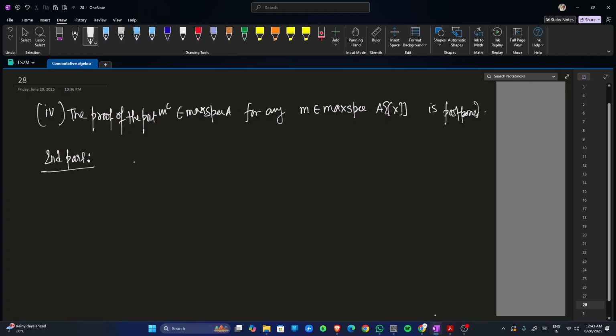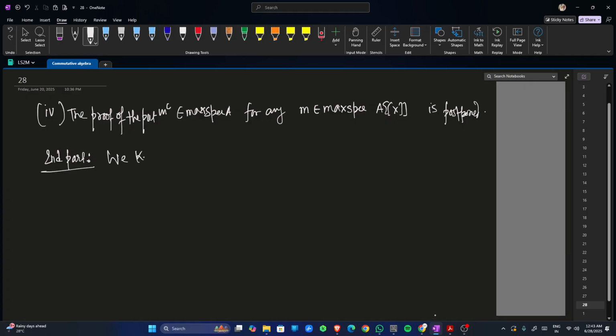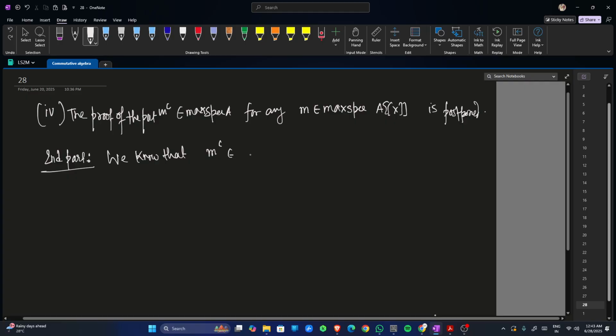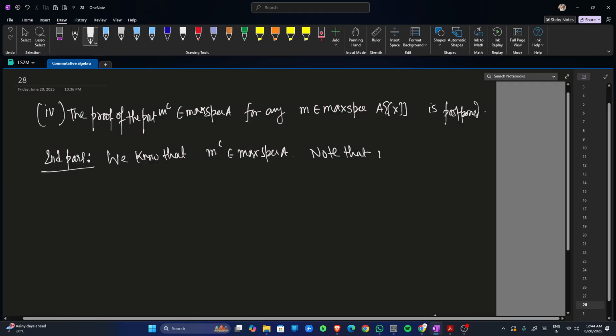Okay, so we know that m contraction is in max spec A. I am assuming that. We know that m contraction is in m.